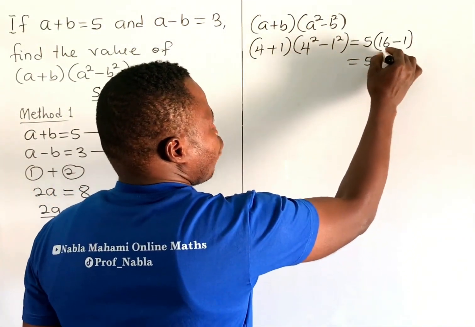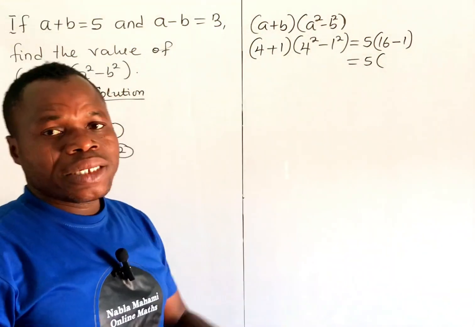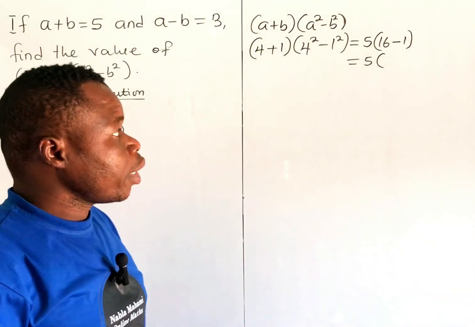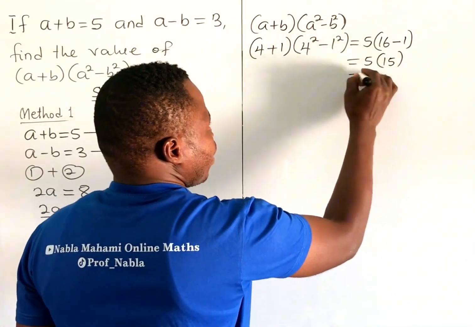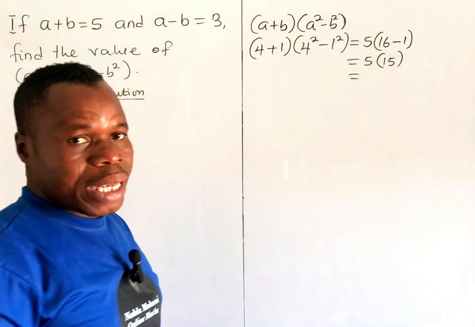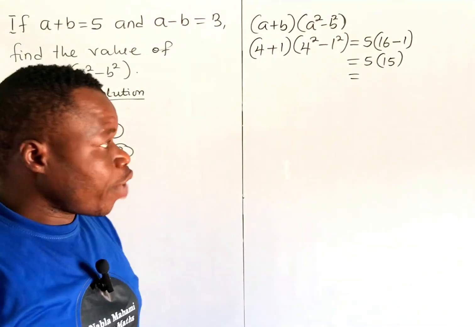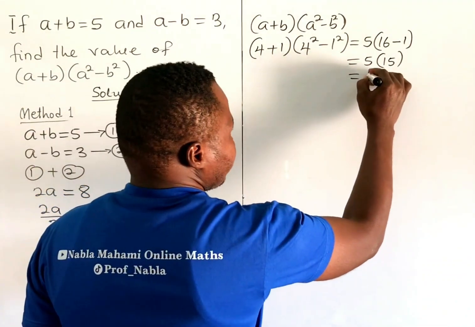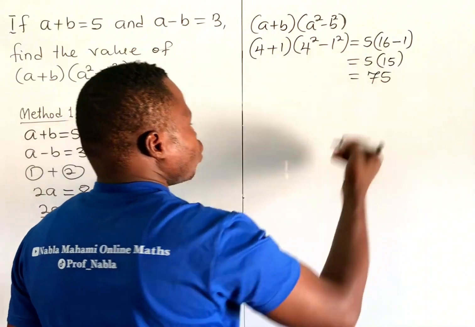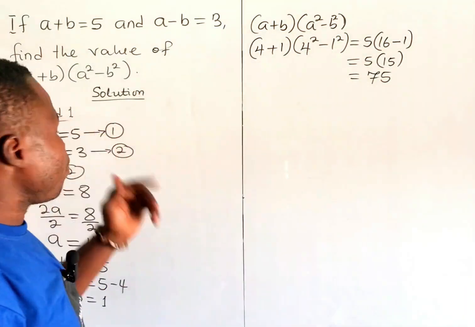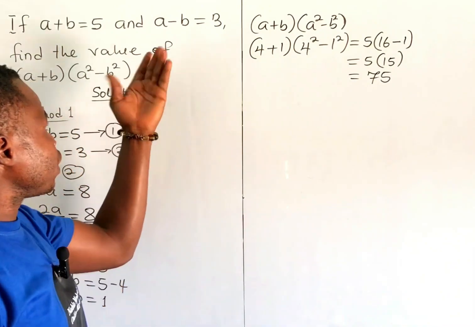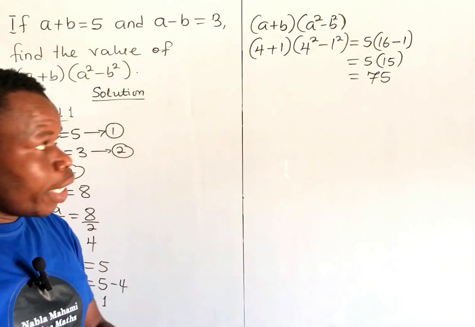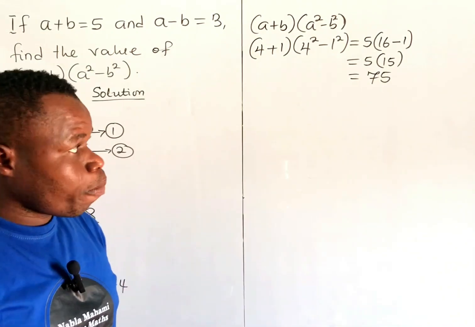Then I'll have 5 into 16 minus 1, which is 15. My final answer will now be 5 times 15, and 5 times 15 is 75. So the result of A plus B multiplying A squared minus B squared for these equations is 75.